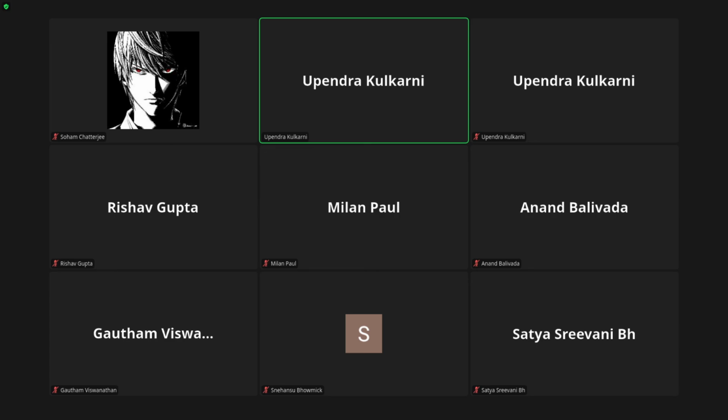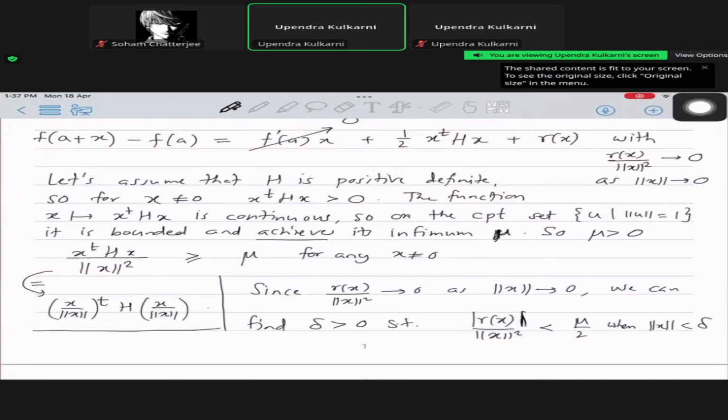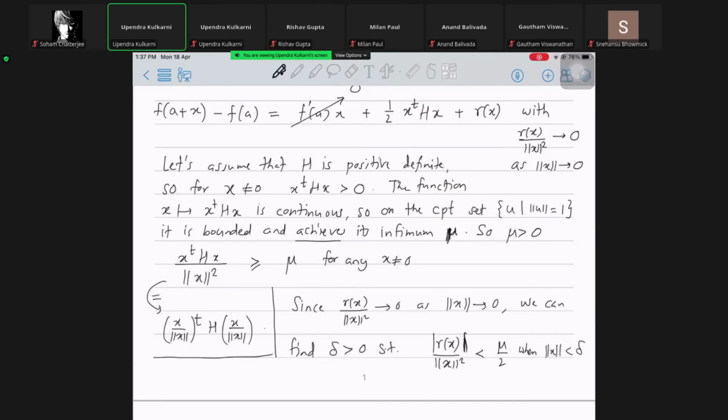And similarly for negative definite. We already used this yesterday. So your point is to consider this function. The pre-image of the strictly positive values will be an open set, and strictly negative will also be an open set.